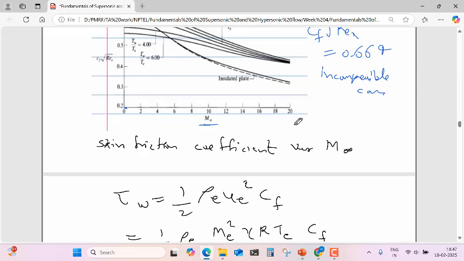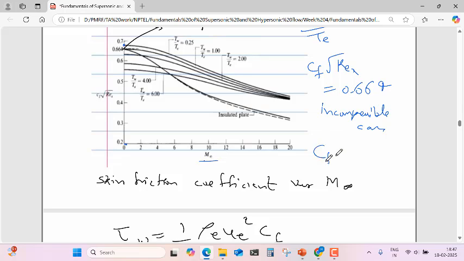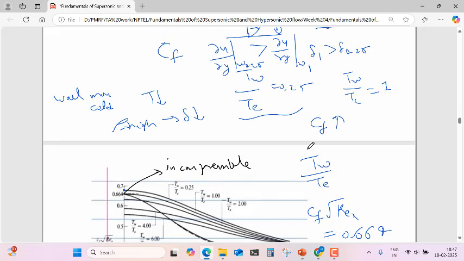From the definition we know that CF is nothing but tau W upon half rho E UE square. So if this value is high, it means CF is also high. So for the same Mach number, CF will be high for a colder wall.